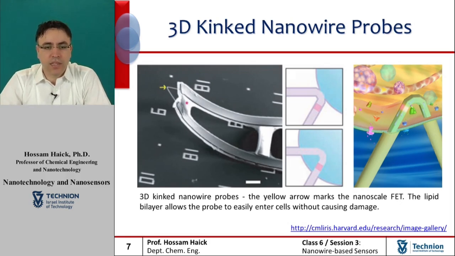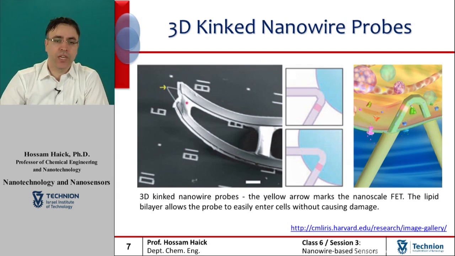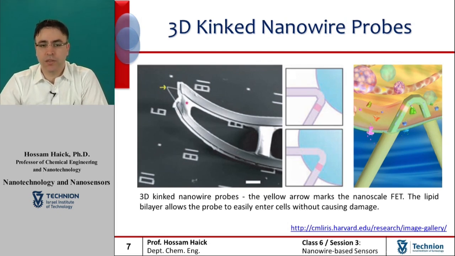This suggests that insertion of the kink tip into the cell could readily lead to the detection of the intracellular potential variation versus time. Actually, using this device architecture, the researchers have shown that the probes can be used to measure changes in electrical potential outside, inside, and across cell membranes, and pH changes. More details on this approach can be found through the link seen on the screen.